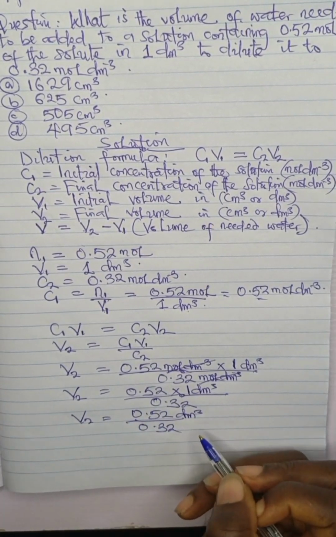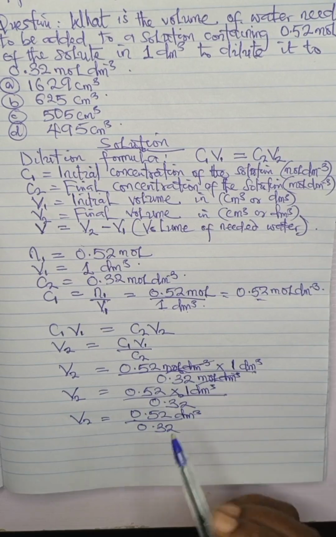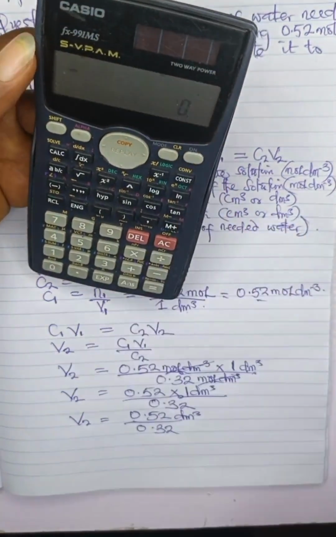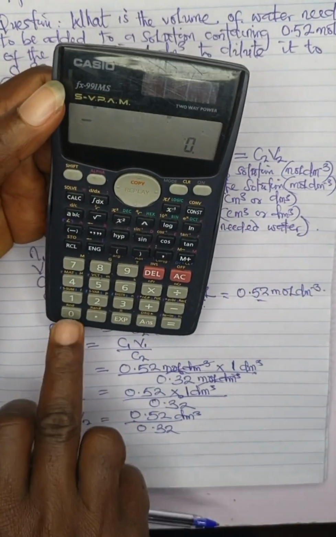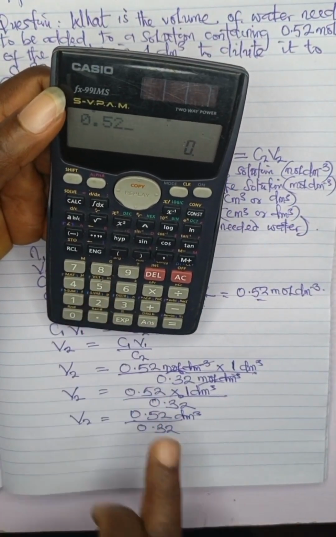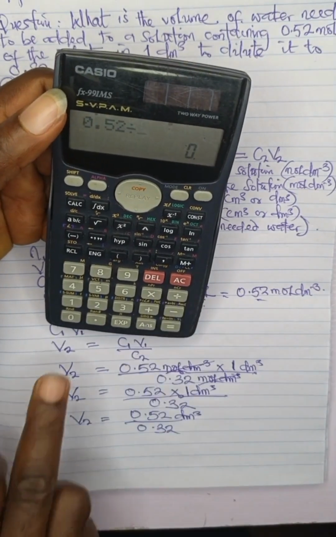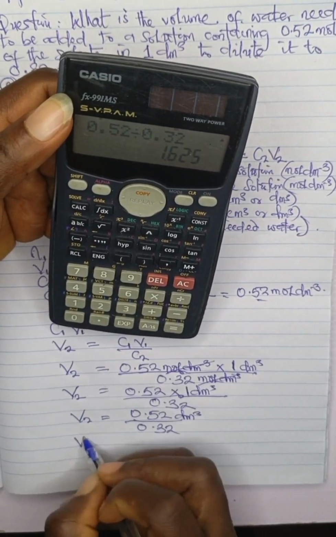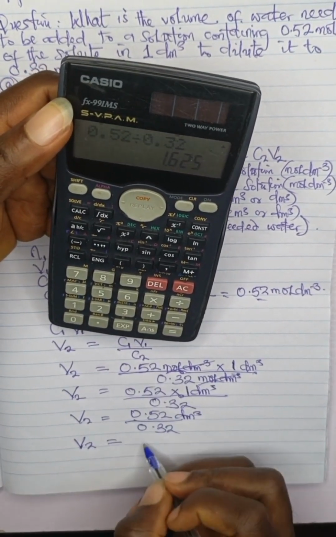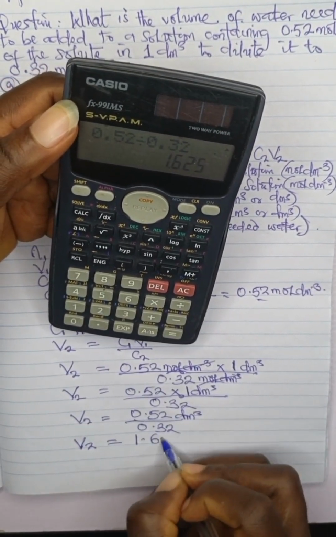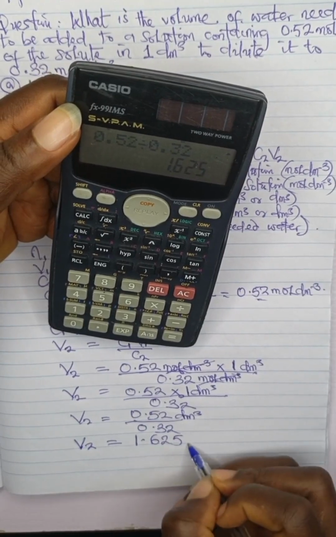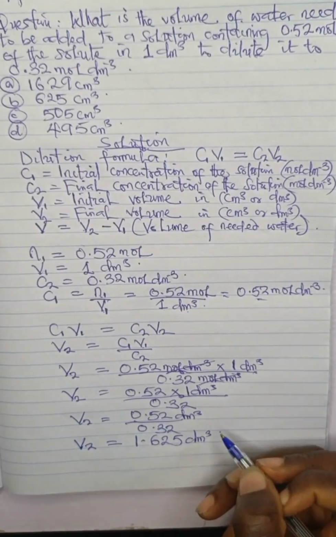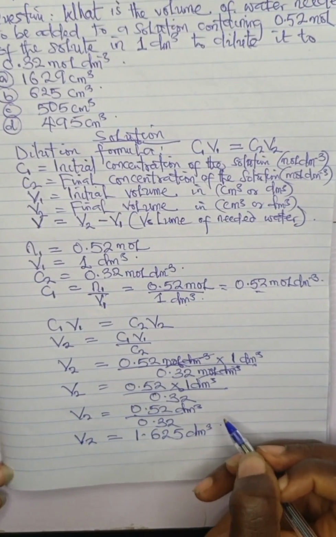If we employ the division using our calculator, 0.52 divided by 0.32, we are going to have V2 equals 1.625 dm cube. Now we've got the value of V2.